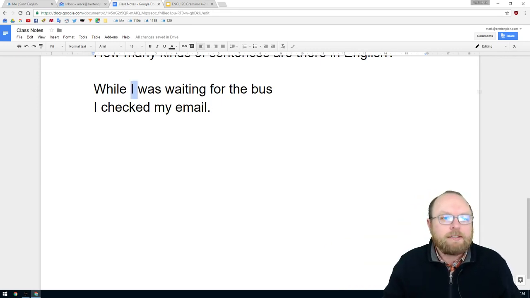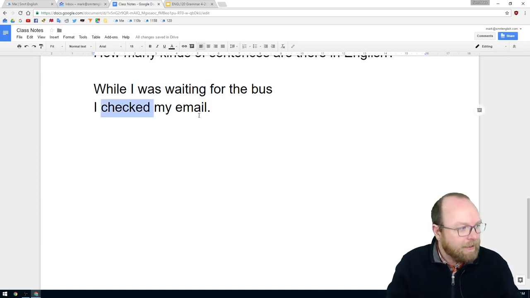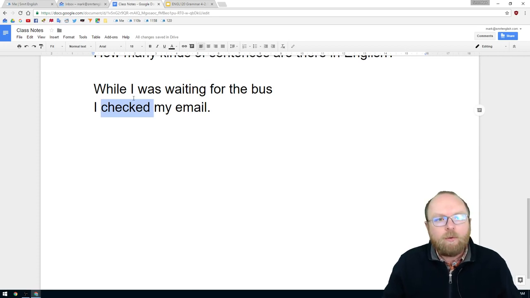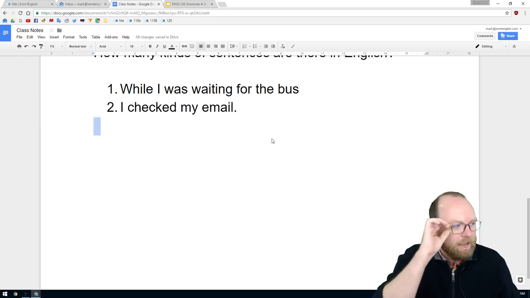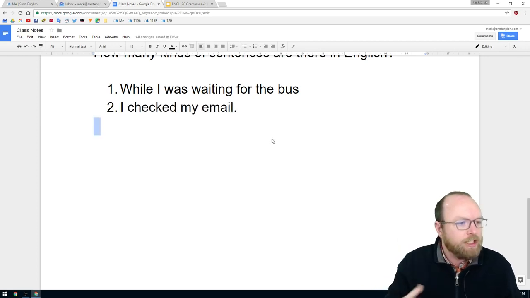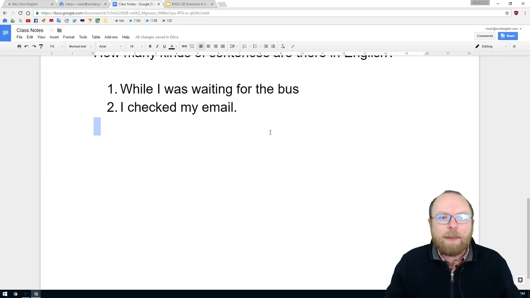We have subject and verb. Subject and verb. So I want to put these together. Which one is dependent? Is number one dependent or is number two dependent? Which one is dependent?